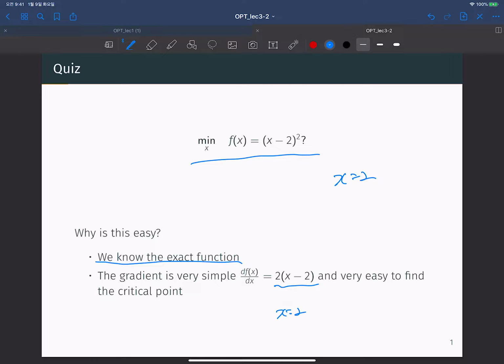When x equals 2, the gradient is 0, which means x equals 2 is a critical point. And we know that in a convex optimization problem, every critical point is a global optimal point. So essentially from the first derivative, the gradient value, we can easily find the solution x equals 2.